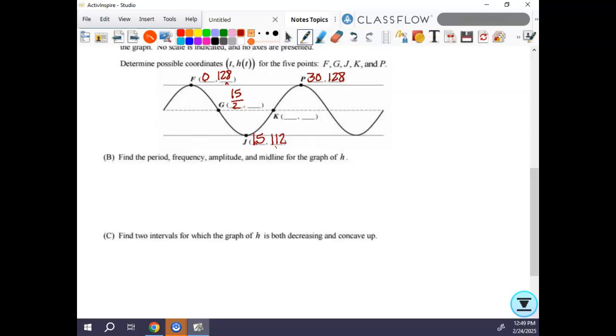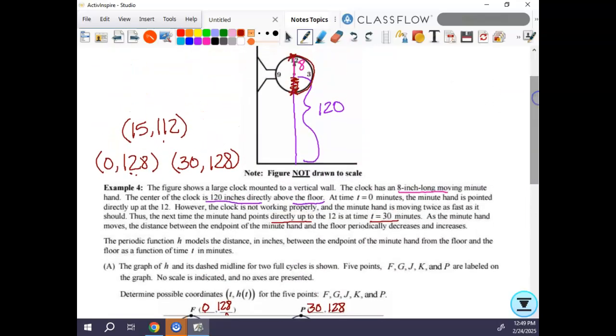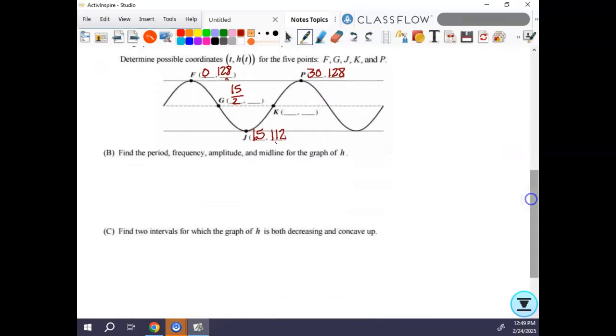Or in the problem situation, I would be right here, right? And how far is that off the floor? 120. So this y value would also be 120. To get this x value, I'm going to do 15 plus 30 over 2, which is 45 over 2. And again, it's safer just to leave it.